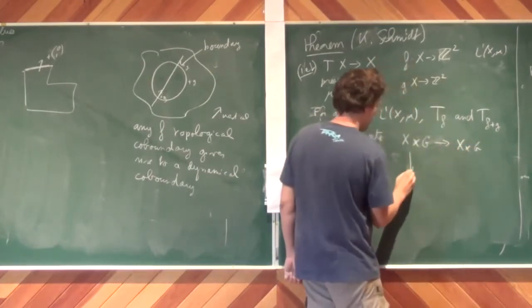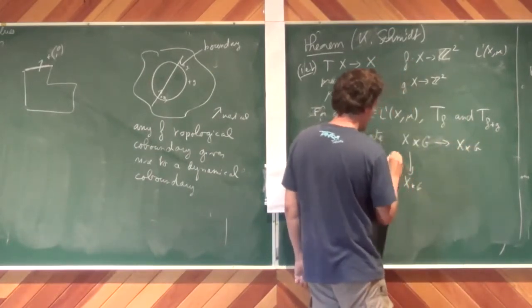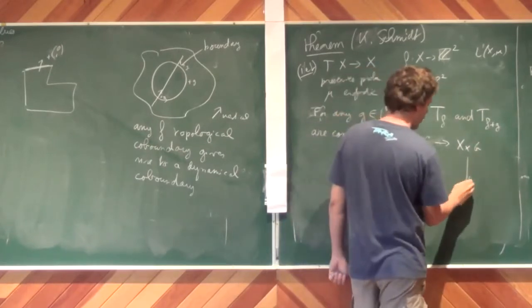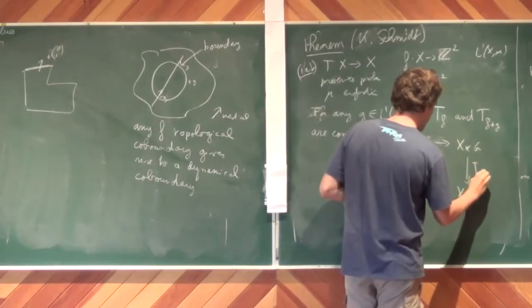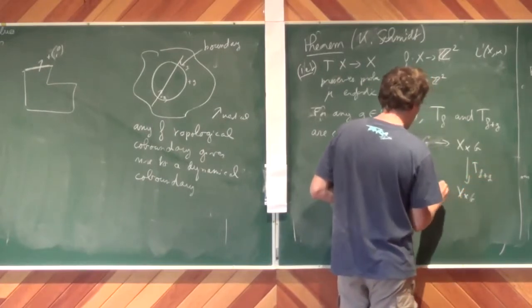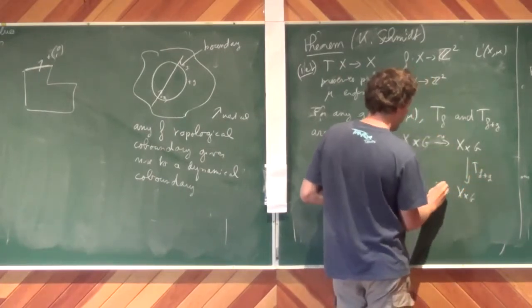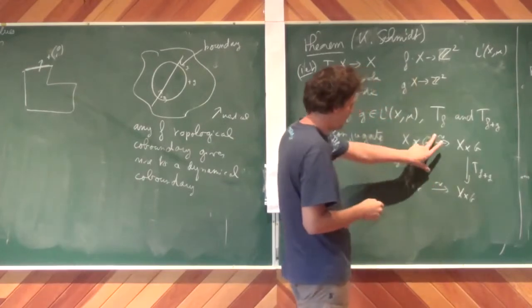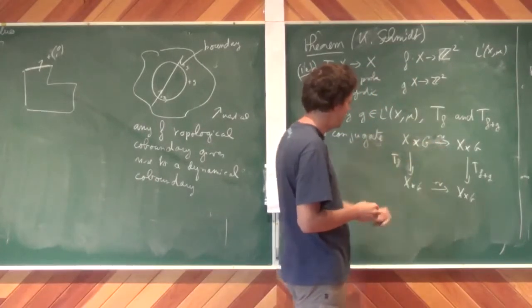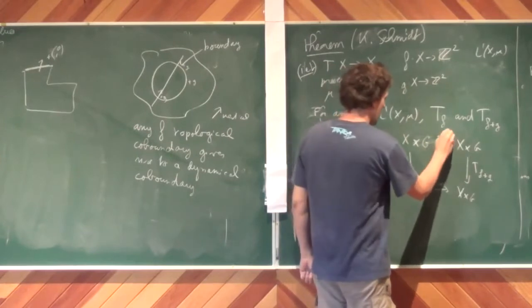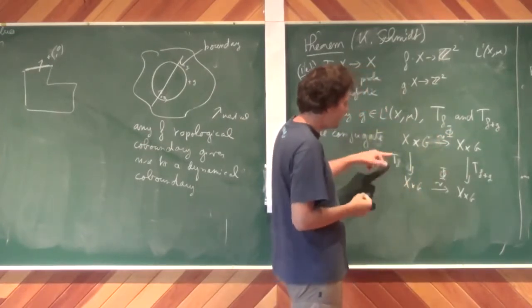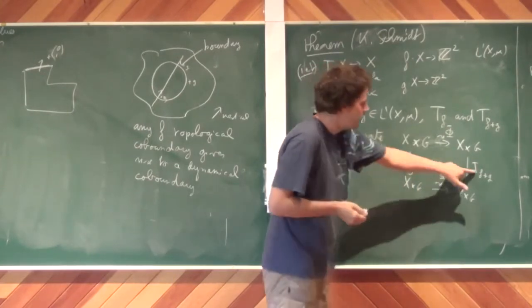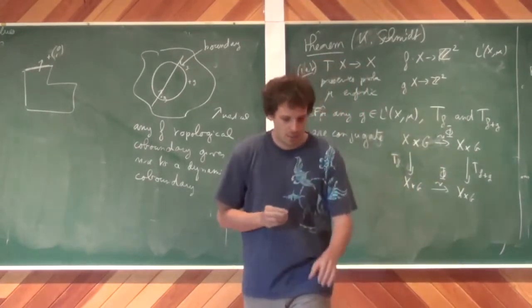So what is the conjugation of the dynamics? You have T_F on one side, very much as before when you build the skew product, X times G, on the other side you have T_(F plus G), and you have a function, a Borel isomorphism here, let's call it phi, such that the diagram commutes, which exactly tells that T_F and T_(F plus G) have exactly the same dynamics.